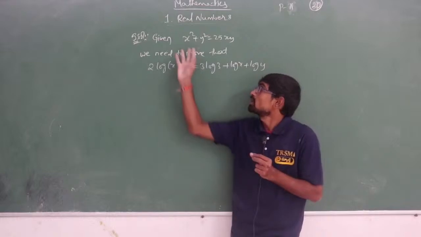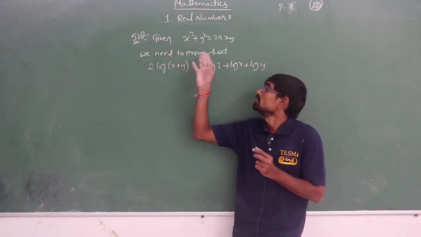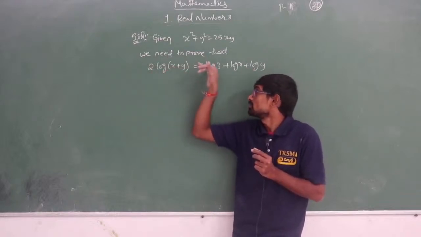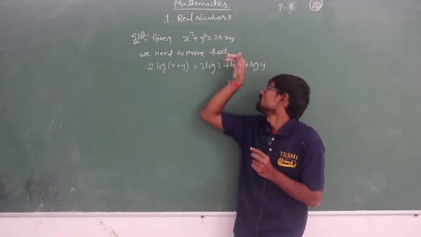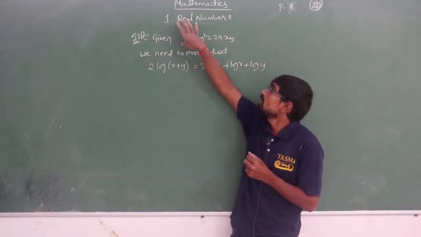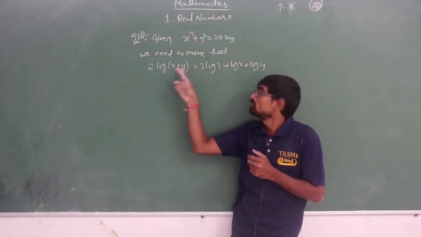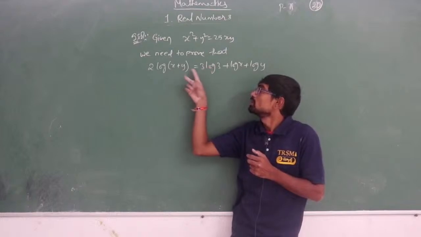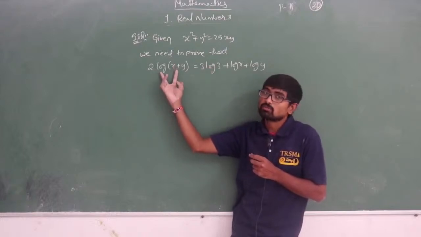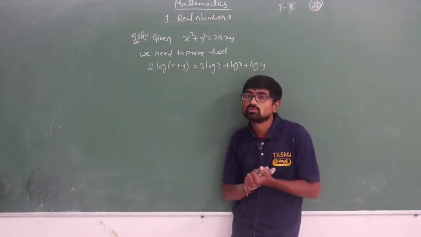Now we need to prove that 2 log x plus y is equal to 3 log 3 plus log x plus log y. We need to convert this exponential form into the logarithmic form, and we need to show that this logarithmic form's value is equal to this logarithmic form's value.